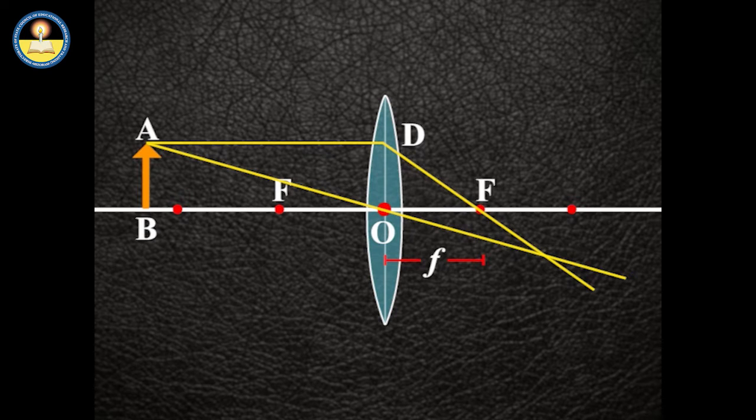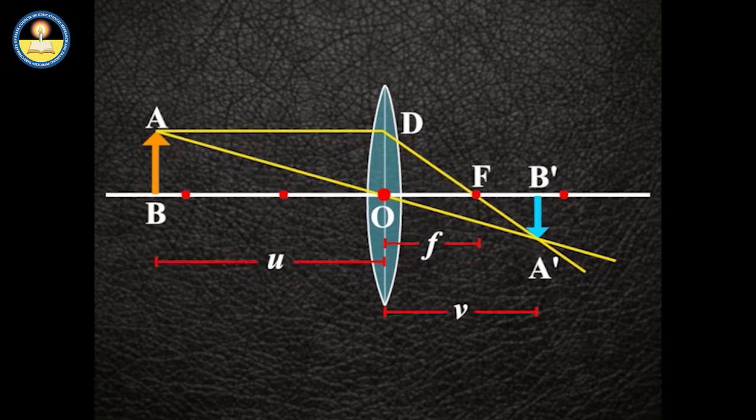The two emergent rays intersect each other at a point, say, A'. Hence, A'B' is the required real and inverted image. Here, OB is the object distance and OB' is the image distance.